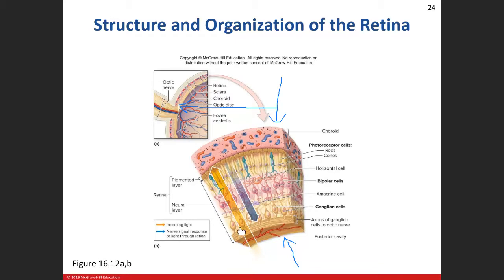You would figure that the first layer, the innermost layer, would be the photoreceptors right there, but that's not the case. The photoreceptors are way deep in the retina. Light has to pass through these other 2 layers: a layer of bipolar cells and then a layer of ganglion cells. We'll talk about their functions in lecture. And then it hits the photoreceptive layer.